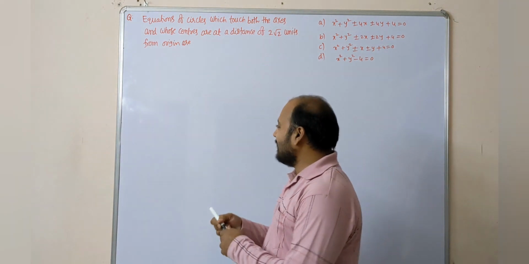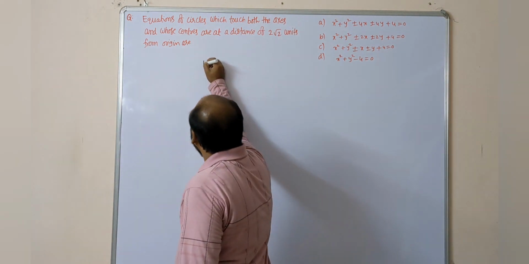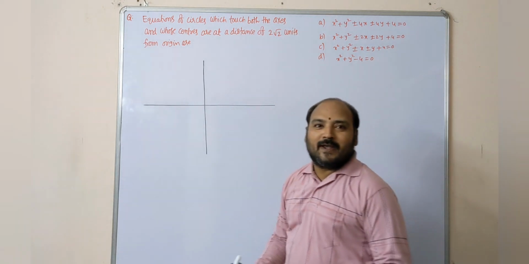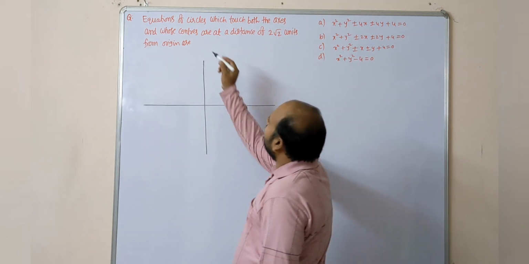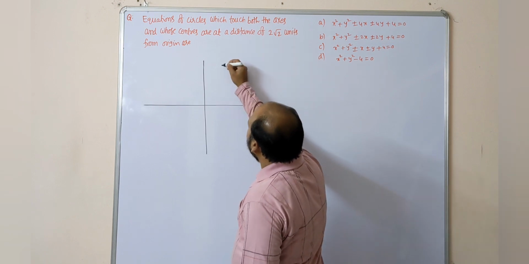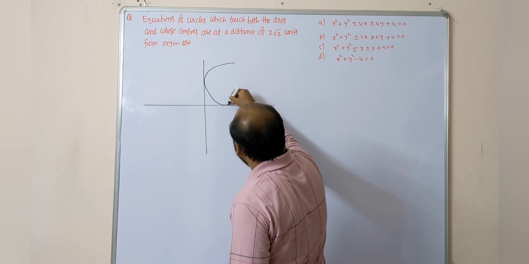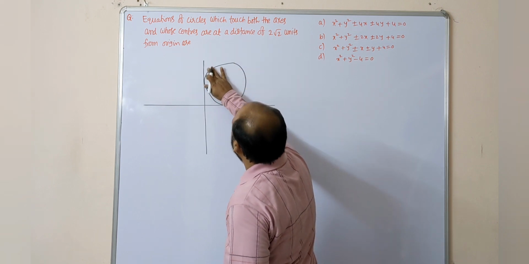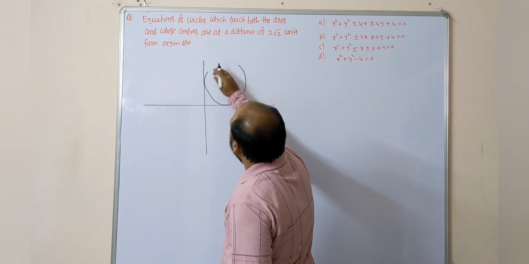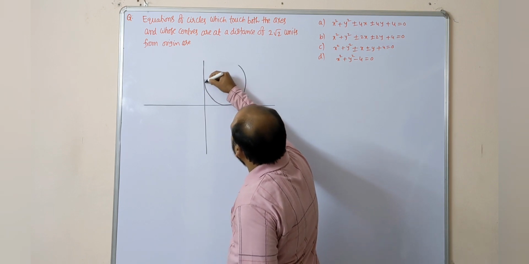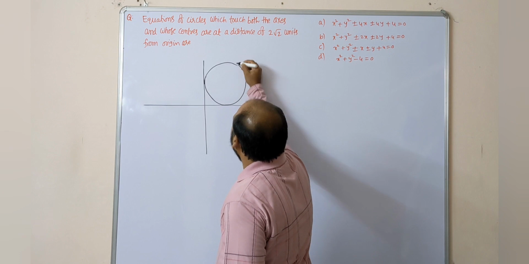So the figure will come like this, dear students. Coordinate axis. Equation of circle which touches both the coordinate axis, they are saying now. So one circle, just roughly I am showing that, just for your convenience I am making.